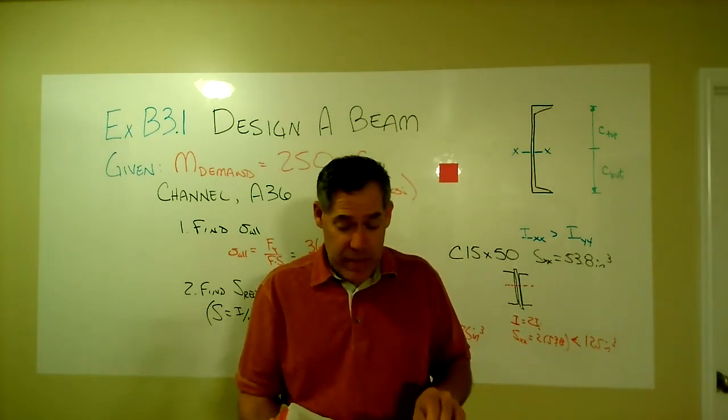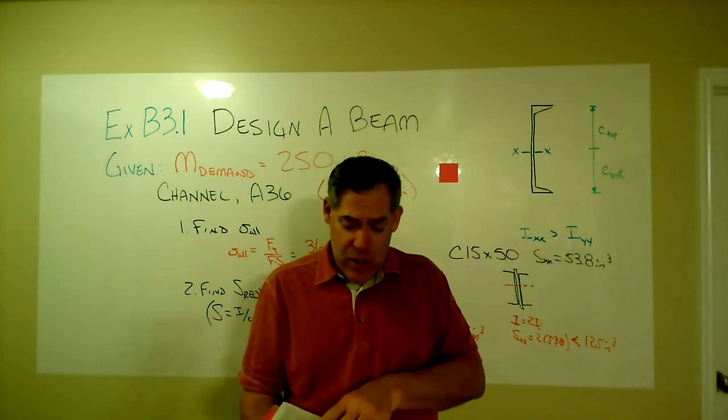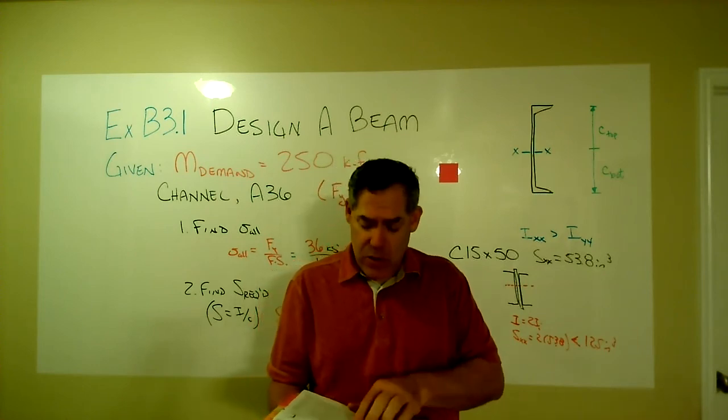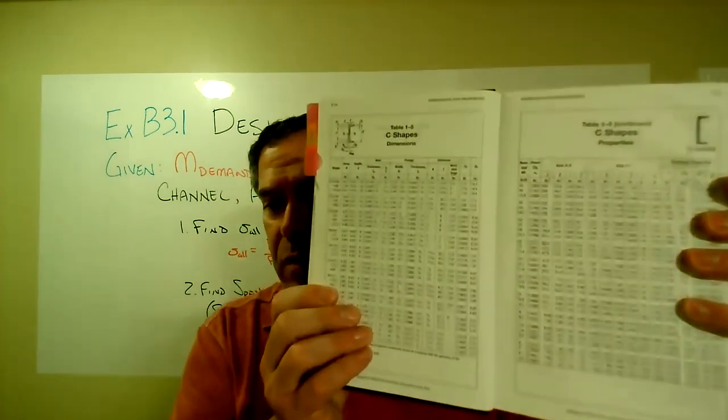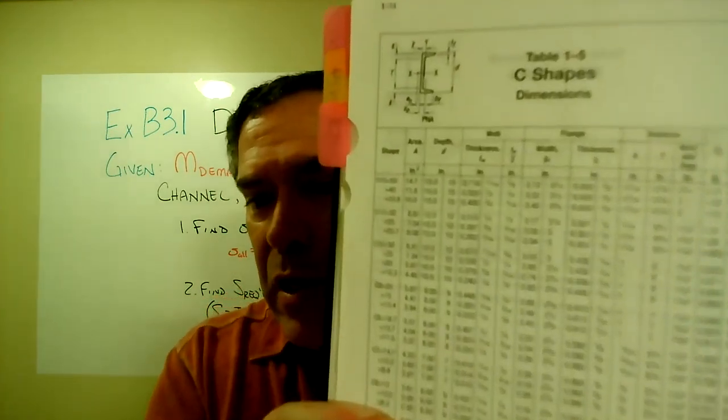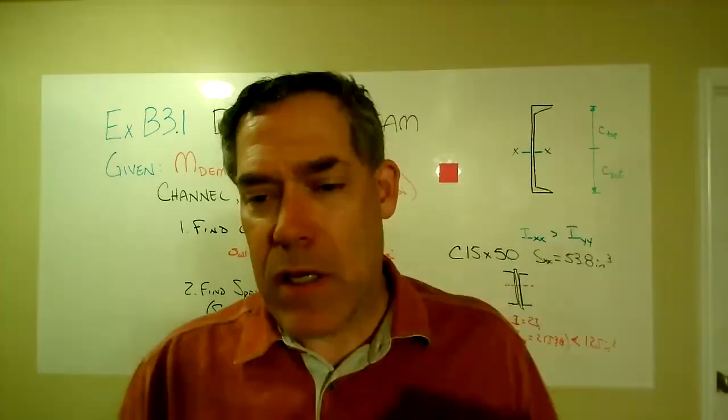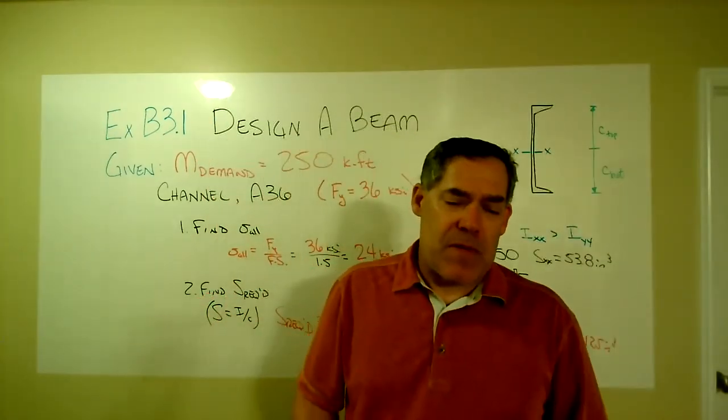I don't think there is. I haven't looked at it recently. So I'll look, and sure enough, when we look at the channel table, and I'll pull it in real close, you'll see that we still have a C15x50 is the biggest.